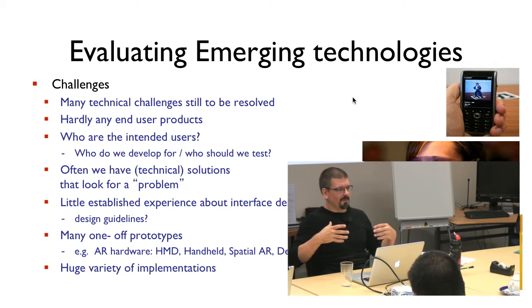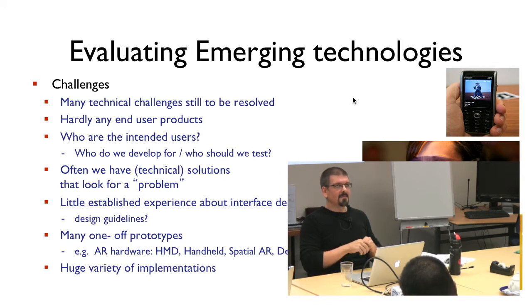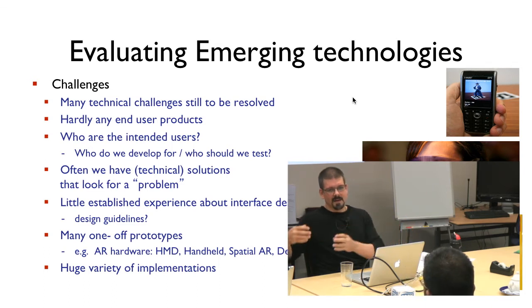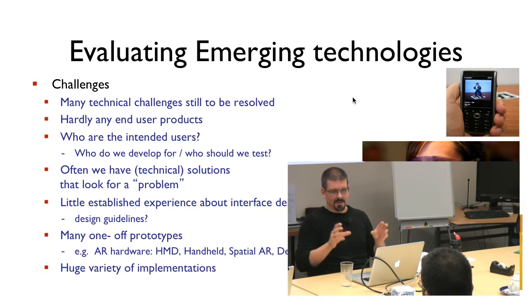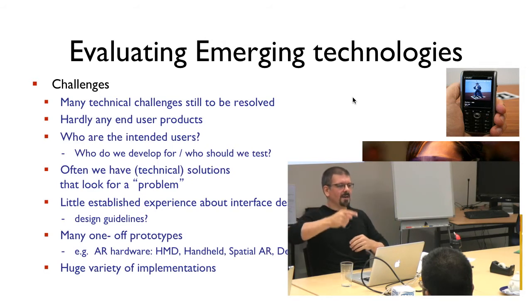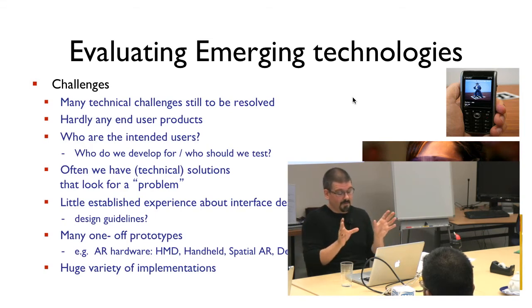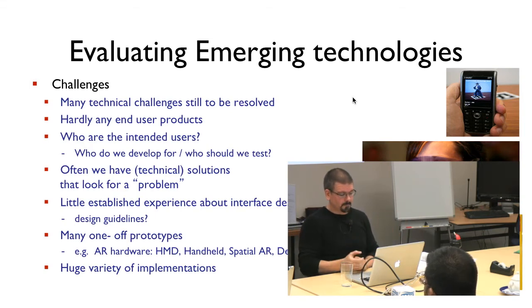So you get a lot of one-off prototypes, proofs of concept, and using those to derive common design guidelines or heuristics is not so straightforward, because you have different kinds of interfaces, and you can't learn from iterative design, because it's not designed as an iterative prototype.